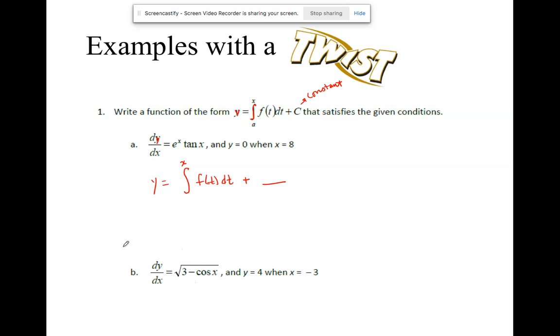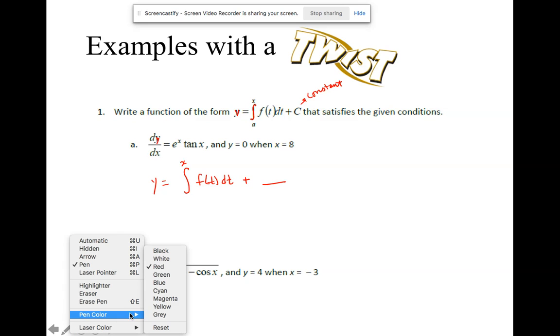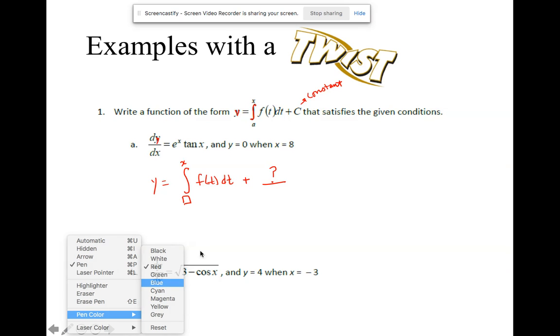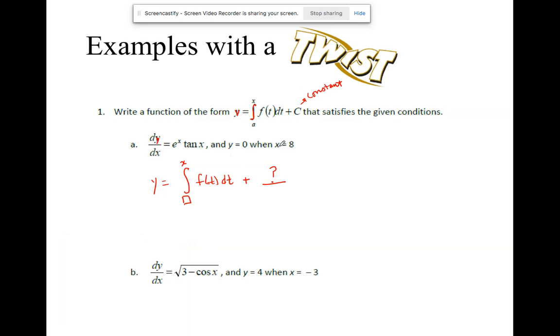Okay. Now, what is it that they want? Here are the things I don't know. Where does the accumulator start? And what the heck is this c? Well, look at the information they gave you. They're saying that when x was 8, y was 0.